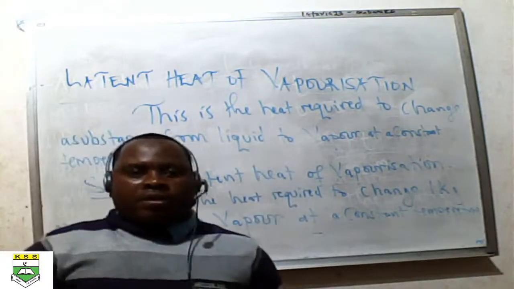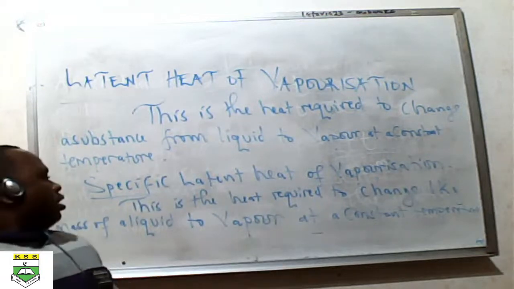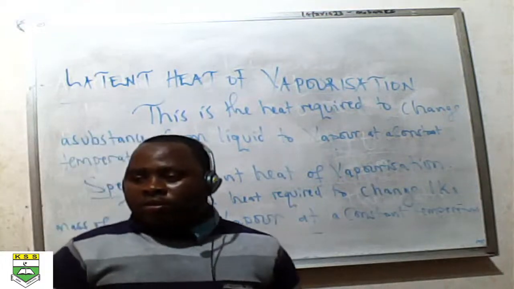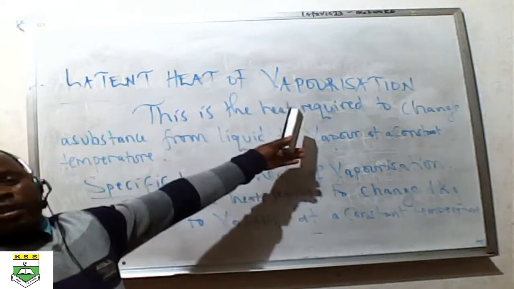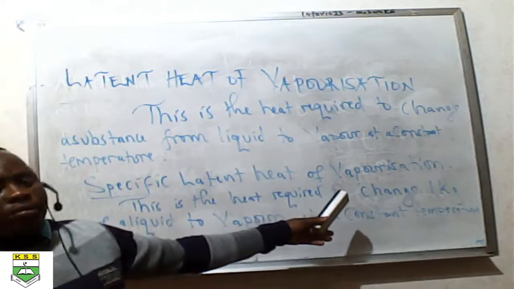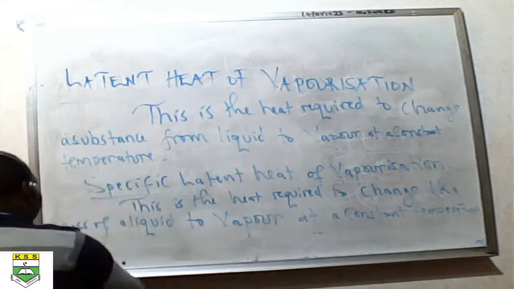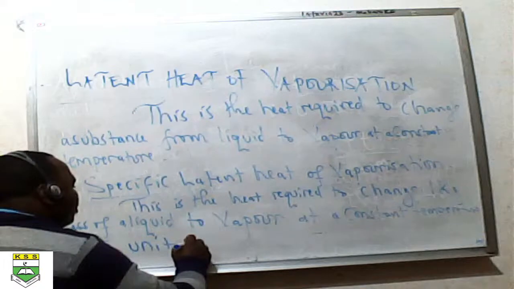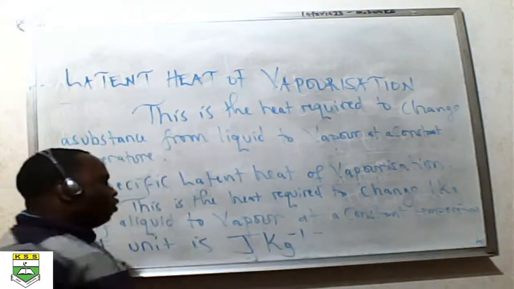So that is the specific latent heat of vaporization. They are the same definitions, but here we just bring in the aspect of 1 kilogram. Now the SI unit is the same as the one for specific latent heat of fusion, joules per kilogram.